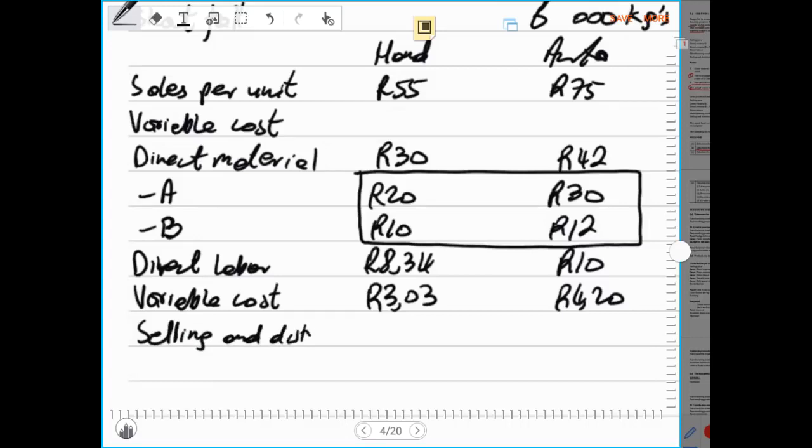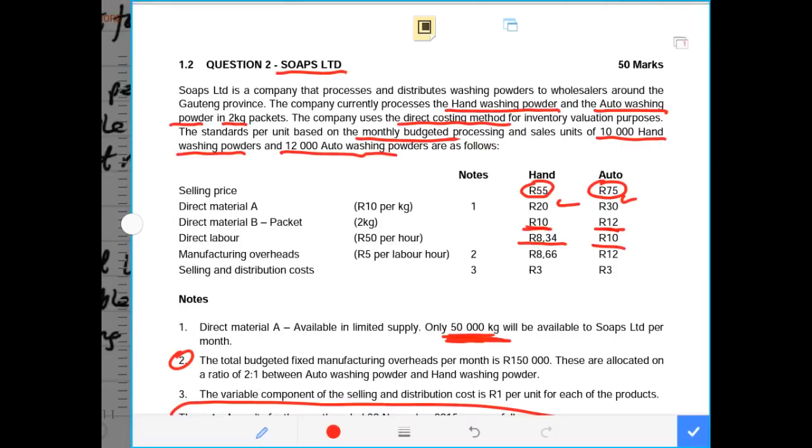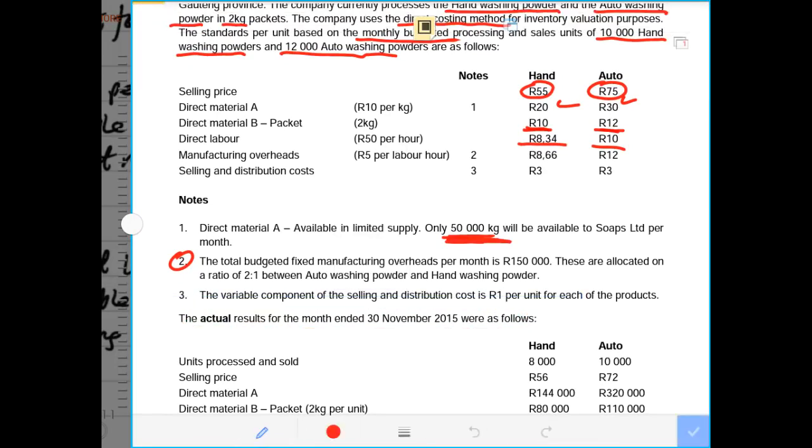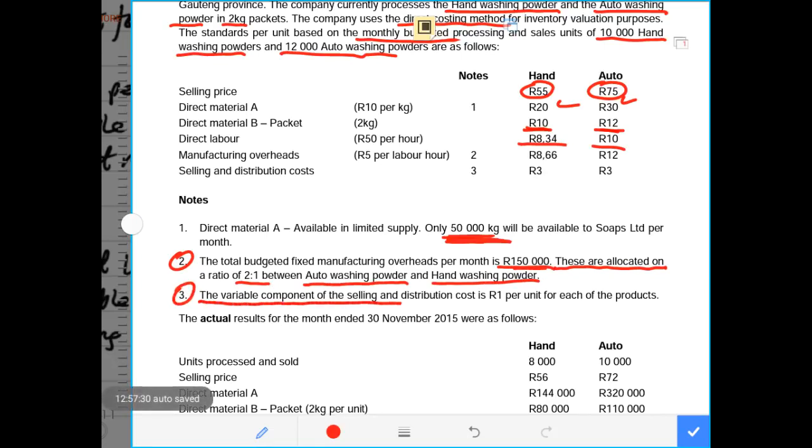But we still need to get some information about how much portion of that is fixed and how much portion of that is variable. So since we ended here, it said that these are allocated in the ratio of 2:1. They are referring to fixed cost, remember, between auto washing powder and hand washing powder. And number 3 says the variable component of the selling and distribution is 1 Rand per unit.